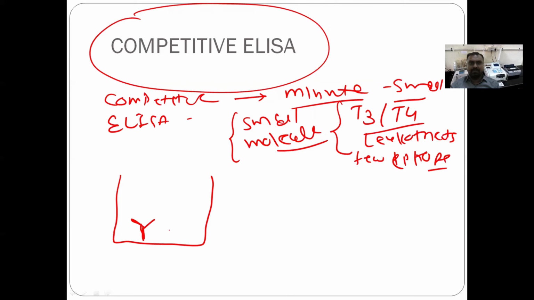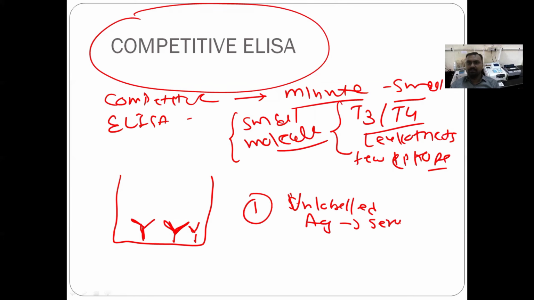Here there will be antibody. And we have two parts. One is unlabeled antigen. What will be the unlabeled antigen? The unlabeled antigen that we have to measure, that is present in the serum. And another portion is labeled antigen.